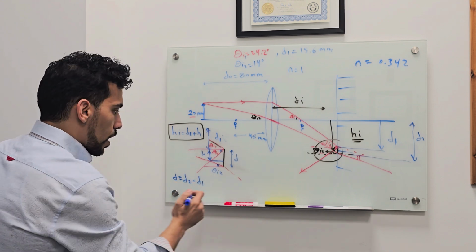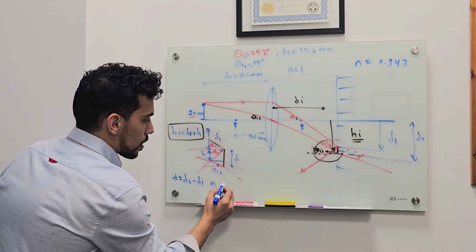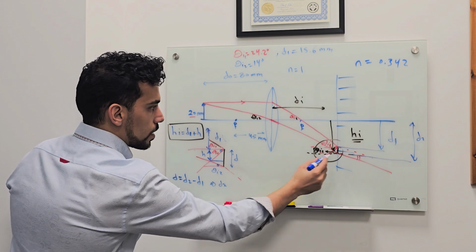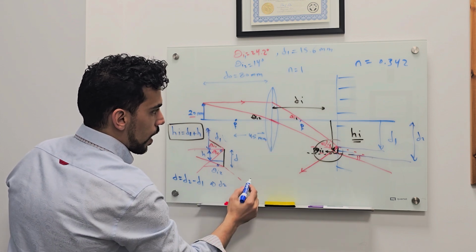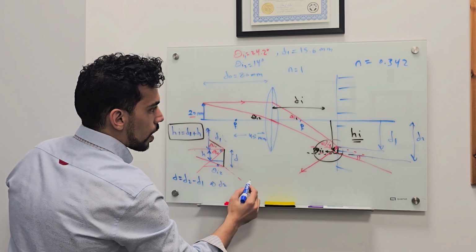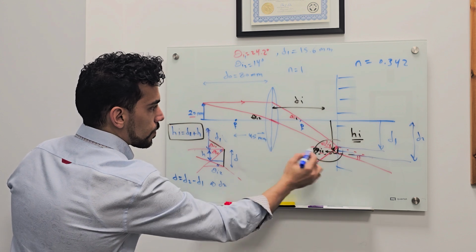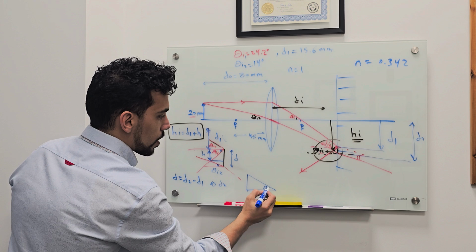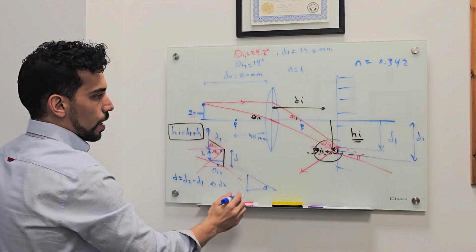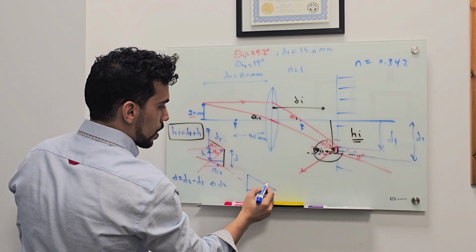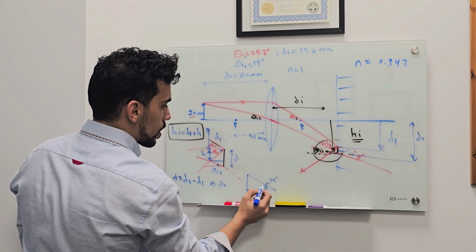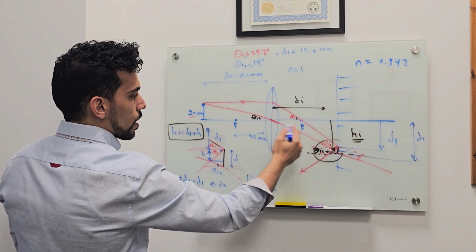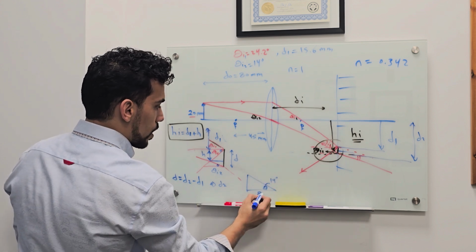Okay, and to find d2, basically we can say that from this triangle here, we have this theta, and this theta we computed was 14 degrees, and we have that this distance is equal to 80.